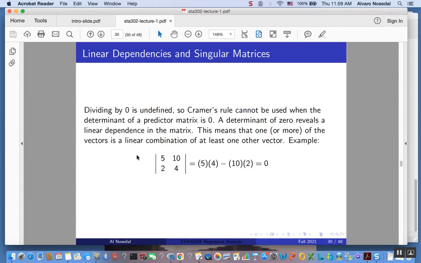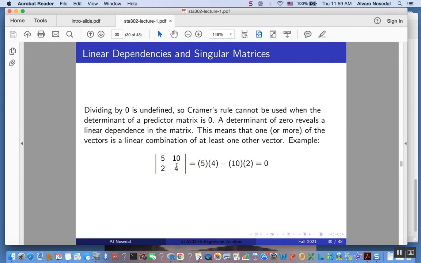slide 30. Yeah. So see, for instance, clearly if you multiply this column vector 5, 2 by 2, 2 times 5 gives you 10, 2 times 2 gives you 4. So this one is a linear combination of this one, or you could think about it the other way around, right? If you divide this by 2, you get this one.